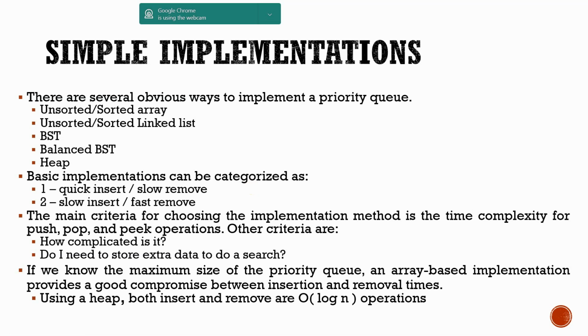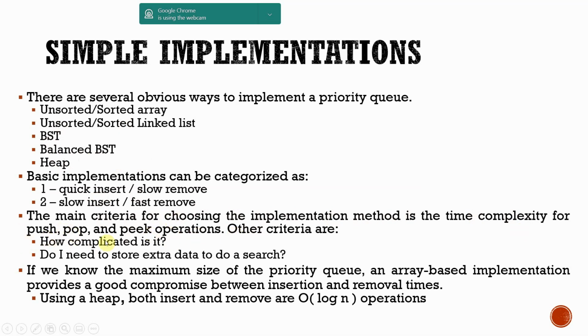In many cases you might have different applications, and one of these might be preferable. So instead of a heap, you might want to use another implementation method. The main criteria for choosing the implementation method is the time complexity for push, pop, and peek operations, right?